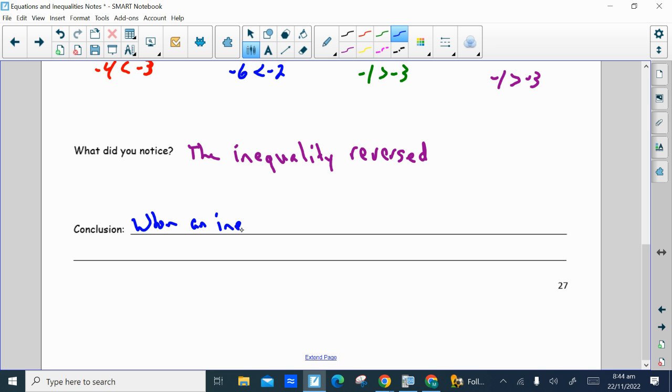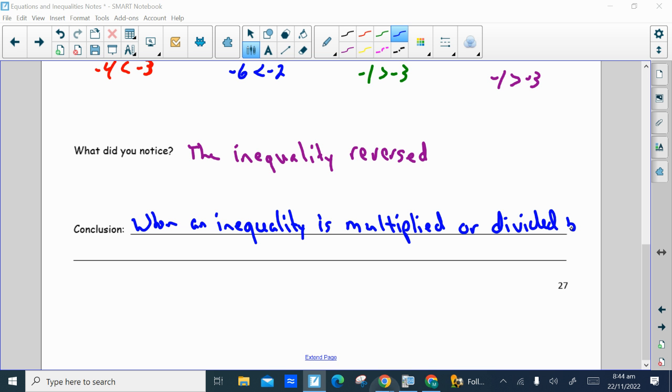When an inequality is multiplied or divided by a negative value, the inequality reverses.